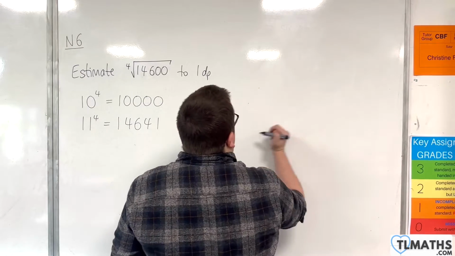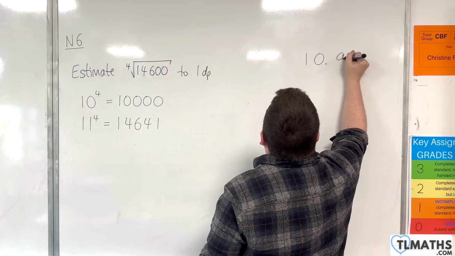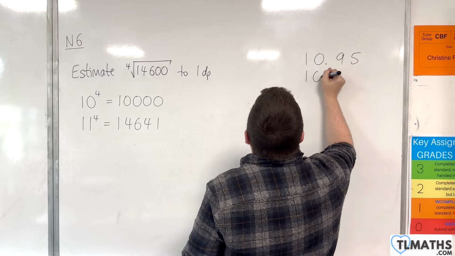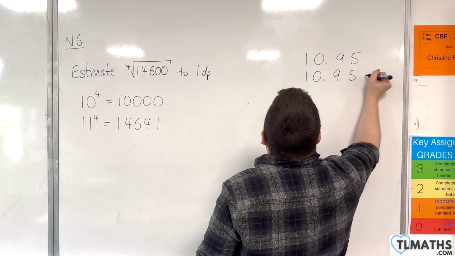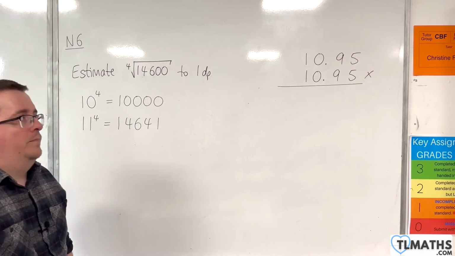So, that's what I'm going to do. 10.95 times 10.95. I'm going to have to work that out first, and then when I get my result, I'm going to square that.